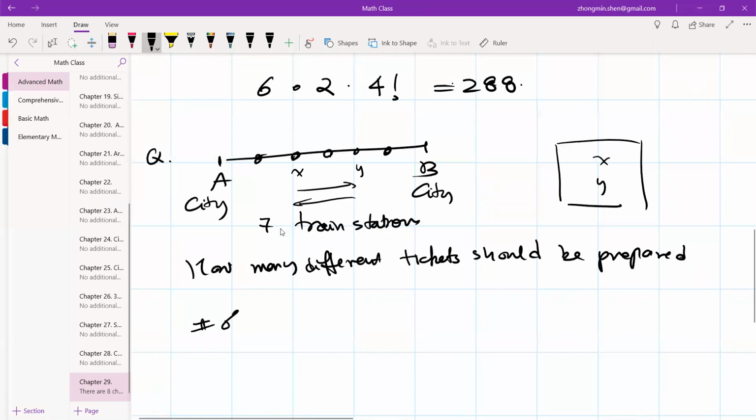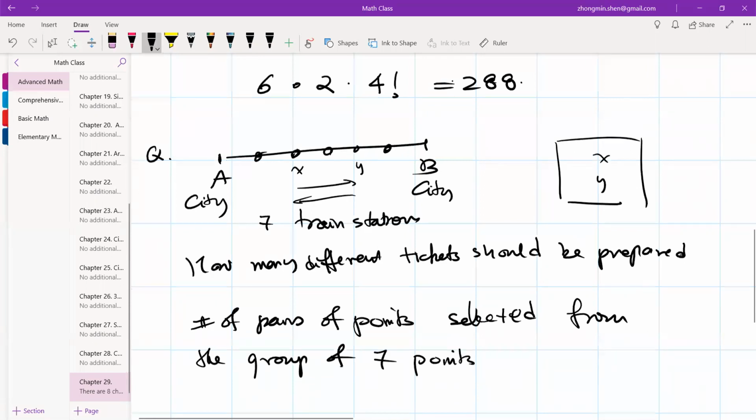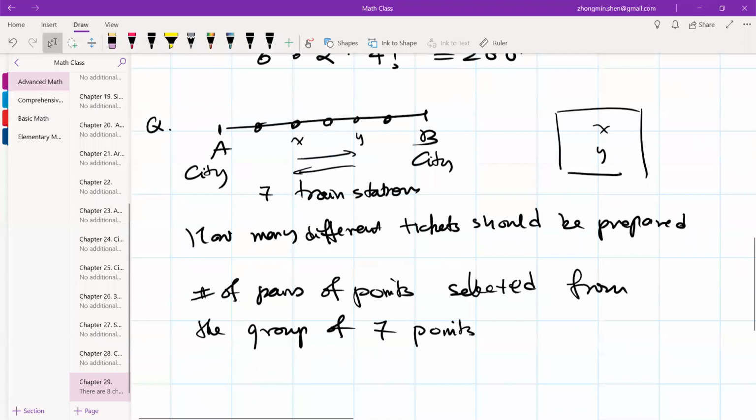So the number of pairs of points selected from the group of 7 points, 7 different cities.